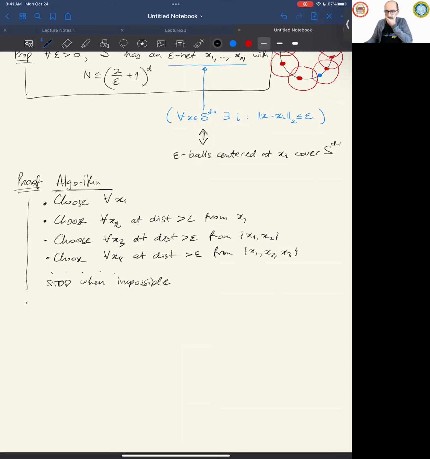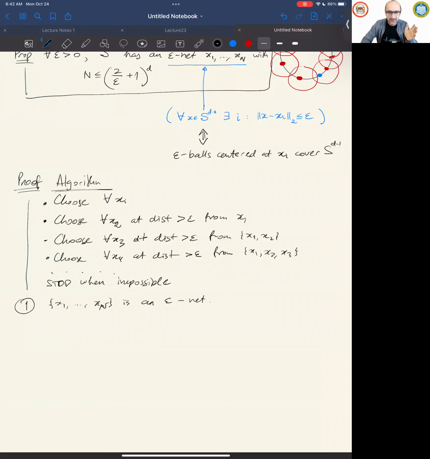Yeah, so we claim that x1 through xn constructed this way is actually an epsilon net. Interesting. Is this clear? Suppose not. Let's just think.